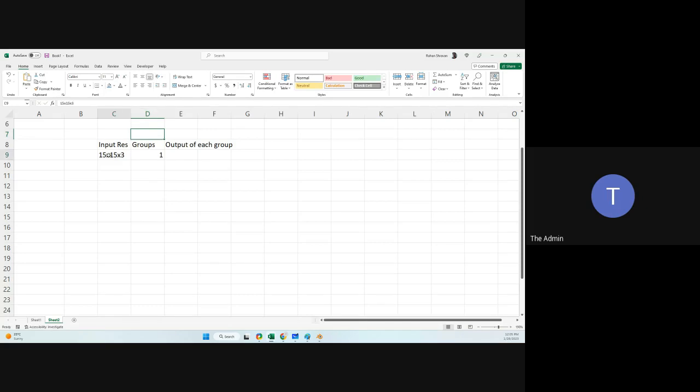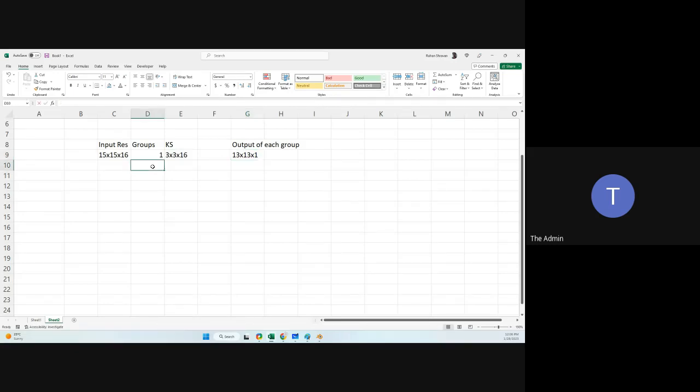First of all, this cannot be 3. This has to be some big number, so you can multiply and divide. So let's say we have 15 cross 15 cross 16. If the group size is 1, then we are talking about normal convolution only. So the kernel is going to be 3 cross 3 cross 16, and then cross something, however many we need. The output of each group is going to be 13 cross 13 cross the number of kernels. But I've taken 1 here, so this is one output.